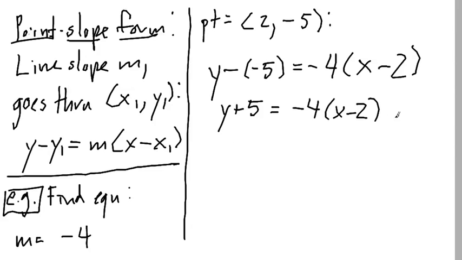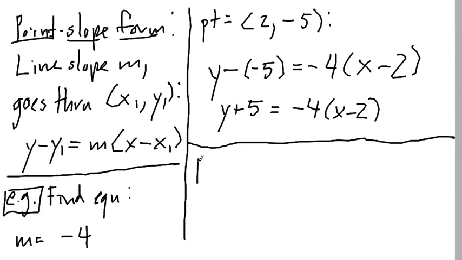You could go ahead further and solve for y to get the slope-intercept form, but I'm going to avoid that for the time being. It's important, but not the most important thing. I want to do one more example of this sort of thing.